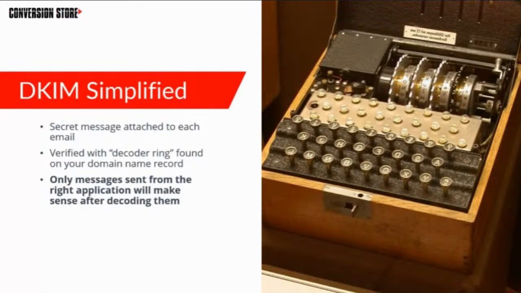After I decode the message, does it make sense? That is what Gmail and Yahoo are going to ask. If the answer is yes, then we know the coding factor is probably authentic, and we're going to go ahead and send the email through. But if it winds up being a bunch of jumble, then we know this email we're getting really doesn't match the decoding method that we see on the domain name.